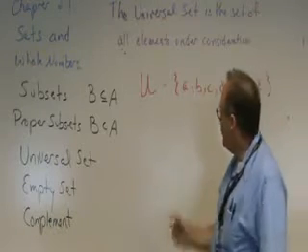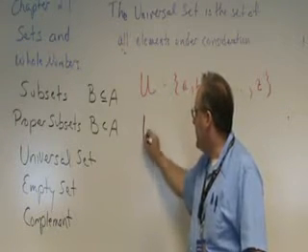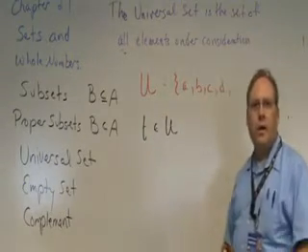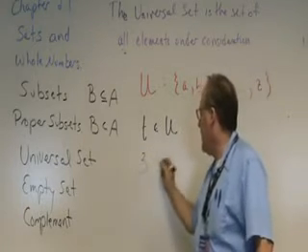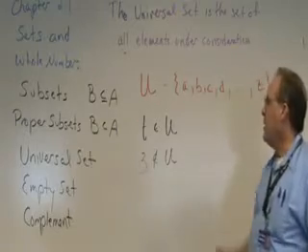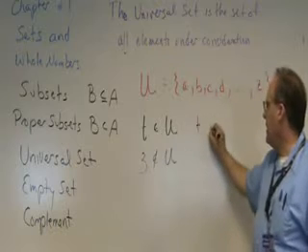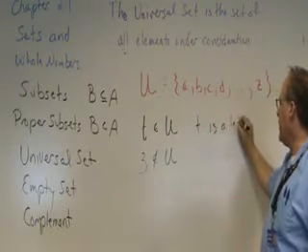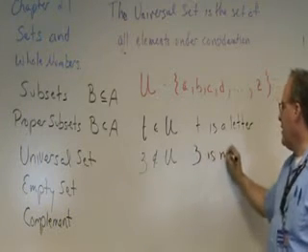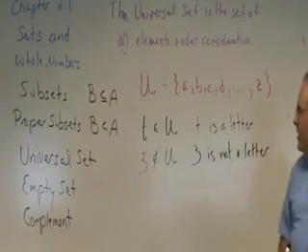And what would this mean? Well, this would mean that T is an element of set U, okay? But 3 is not an element of the universal set. Now, this is going to have some consequences, okay? We know that T is a letter in the English alphabet, but 3 is not a letter in the English alphabet.